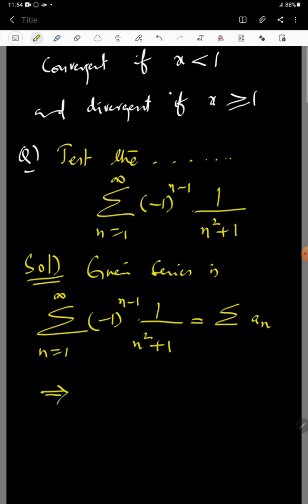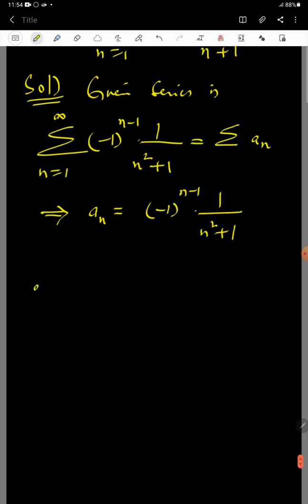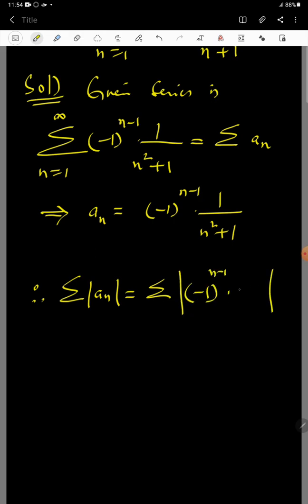Implies an, a small change in the terminology I am using, an equals minus 1 to the power of n minus 1 by n square plus 1. Therefore, sigma mod an is now going to become sigma mod of this complete value, minus 1 to the power of n minus 1 into 1 by n square plus 1. And this is just going to become sigma 1 by n square plus 1.